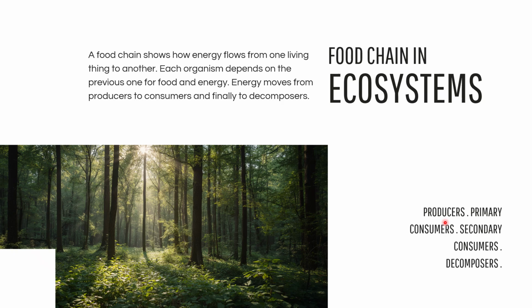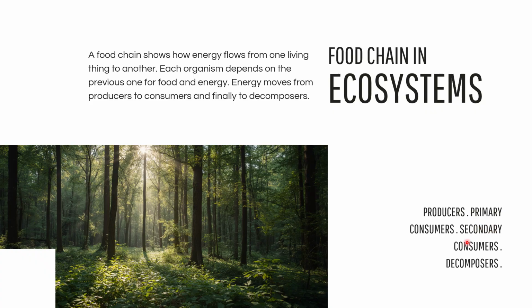Look at this. Producers are the primary level. Most of the time they are plants, for example grass or any kind of plant. Then the consumers, such as the cow, giraffe, or zebra, are the primary consumers, and the zebra is consuming the grass.